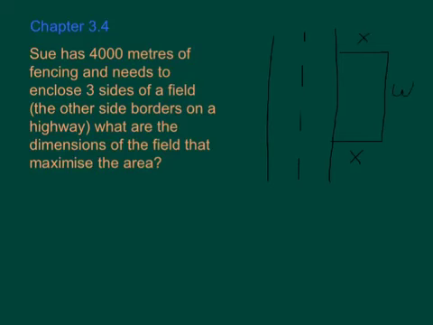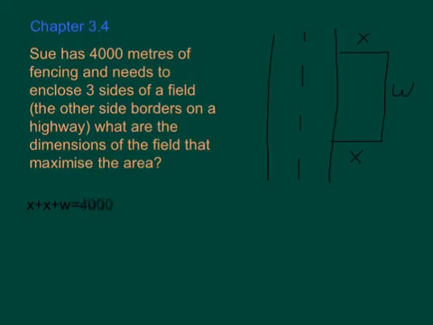Okay? We know that X plus X plus W equals what? 4,000.